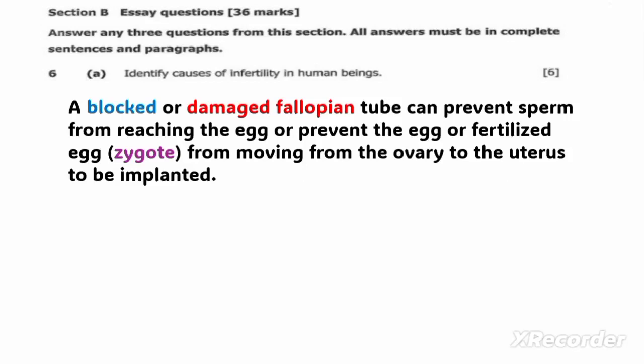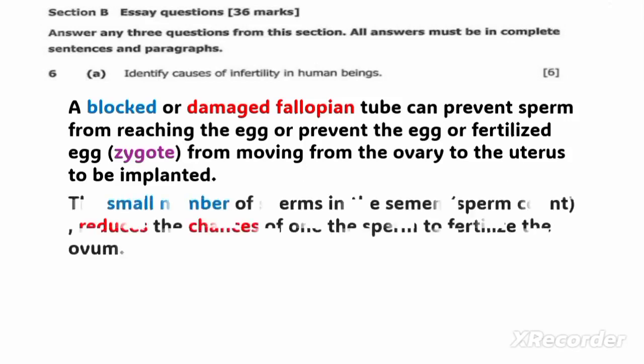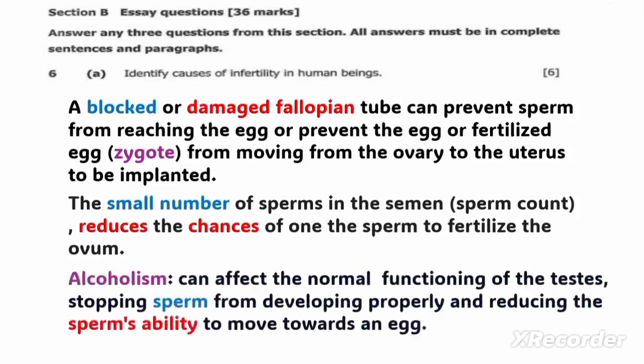A small number of sperms in the semen, the sperm count, may reduce the chances of the sperm to fertilize the ovum. Alcoholism can affect the normal functioning of the testes, stopping sperm from developing properly and reducing the sperm's ability to move towards an egg.